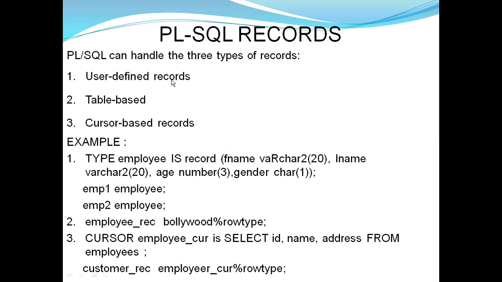So we have a user defined record. We have discussed it in a practical manner. Table based is a referenced one. We have discussed that it is percent row type and percent type. Same way we have a cursor based one. So that we'll discuss at the time of cursor. And simply we have created the practical as well.